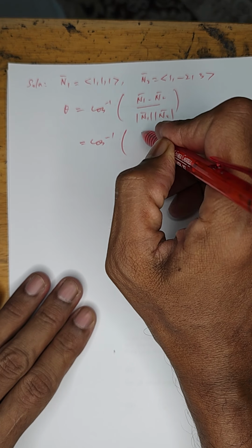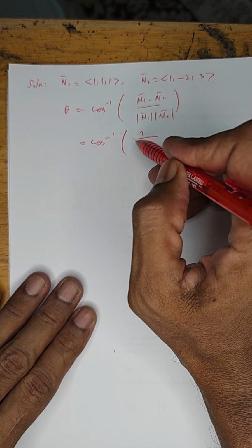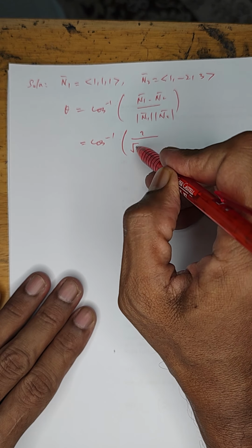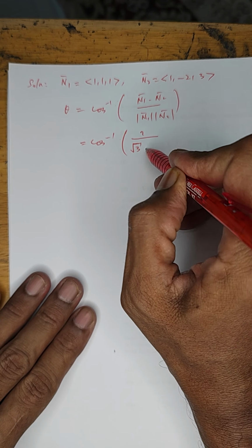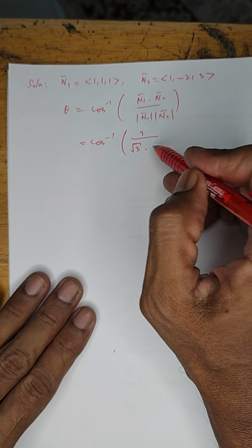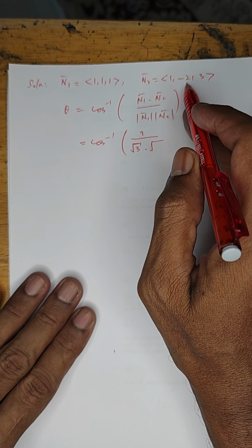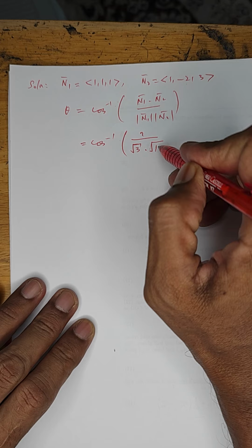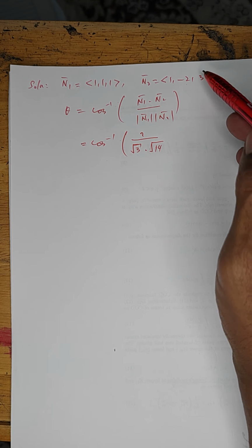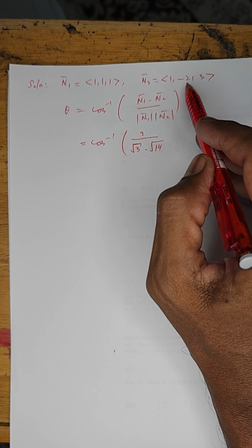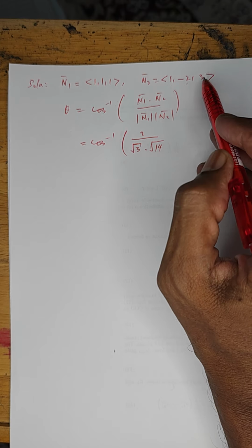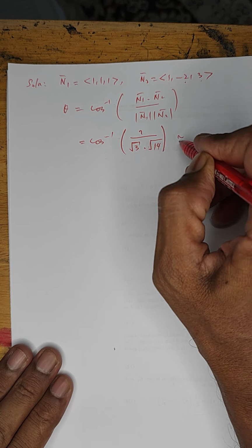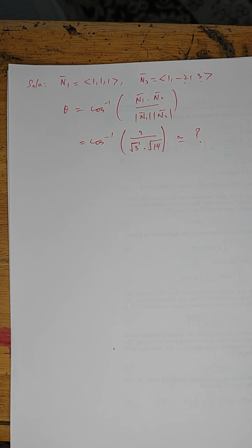So you have 2 over the square root of n1, which is 3, and the square root of n2, where you have 1 plus 4 plus 9, so 14. Then you can use your calculator to find the value.